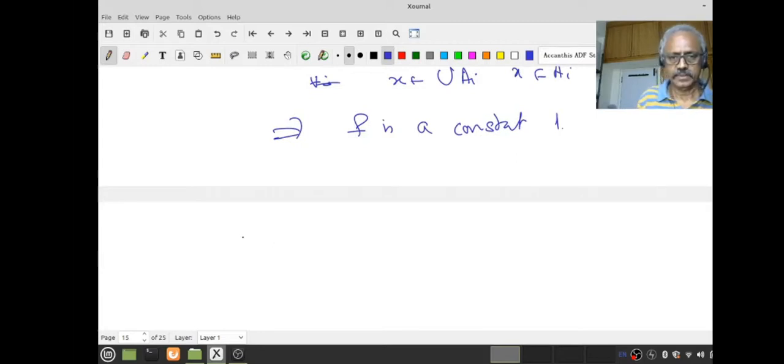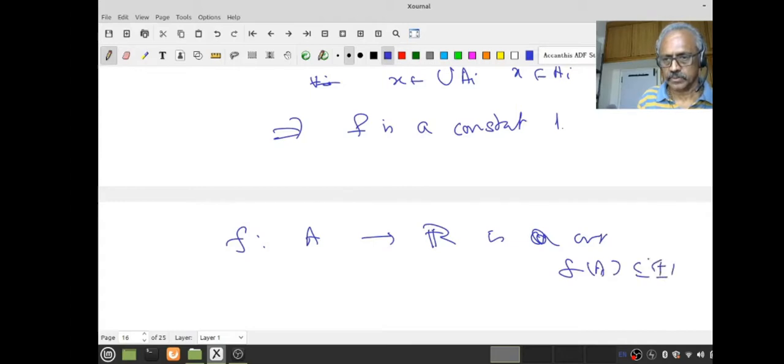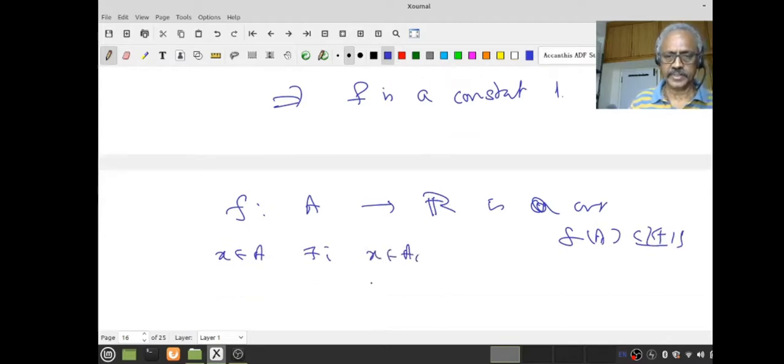So I want to prove f from A to R is a constant if f of A is contained in plus or minus 1. Do you think I have shown it? Start with any x in A, that means there is an i such that x belongs to Ai, because A is the union of the Ai.